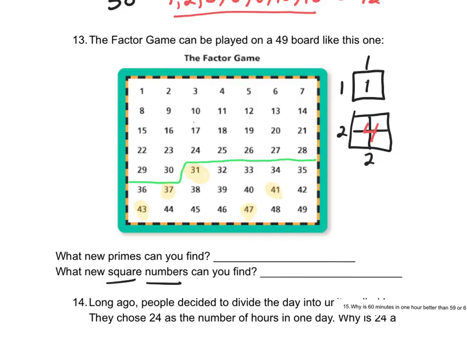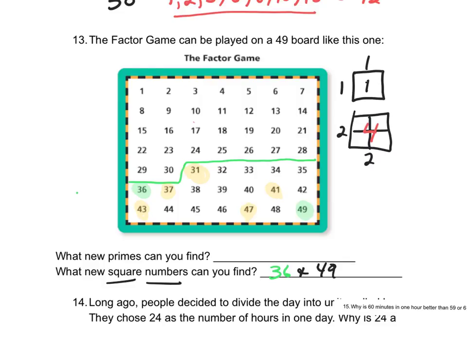So what numbers there would be square numbers? Well, let's use green. 7 times 7 is 49. Is there any more square numbers? 6 times 6 is 36. And that's it. So there would be 36 and, I like black better, 49.